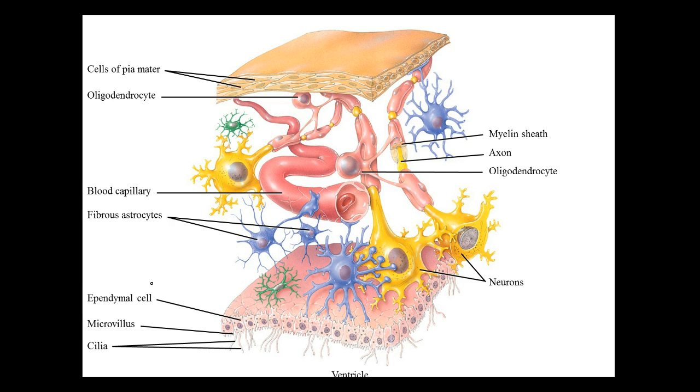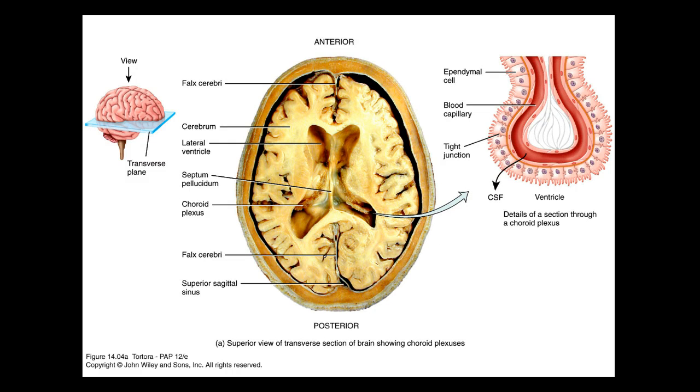When we look at ependymal cells, we find them lining the ventricles in the brain. What we see here is this big opening in the brain, an area where fluid circulates throughout the brain, all the way down through the spinal cord, and back into the brain. These ventricles are lined with ependymal cells.